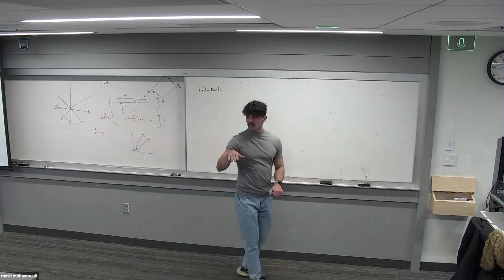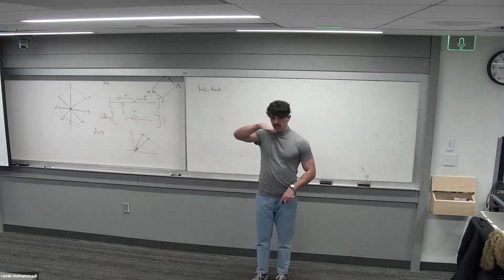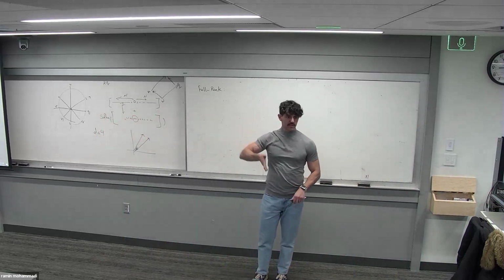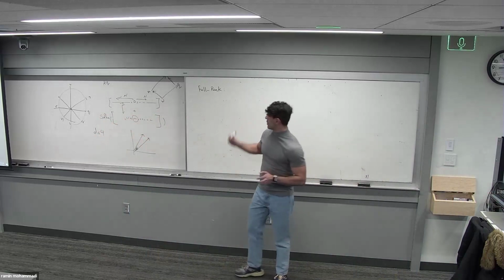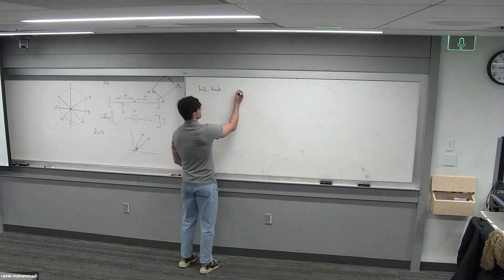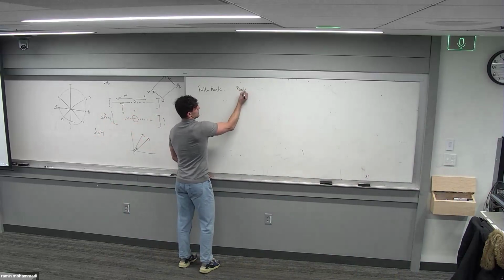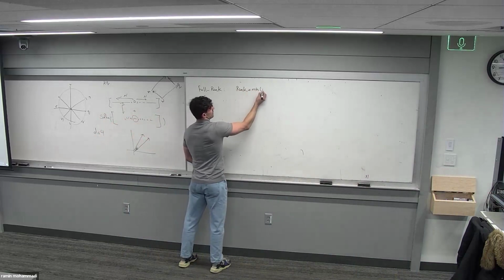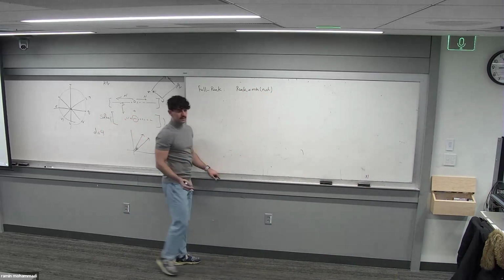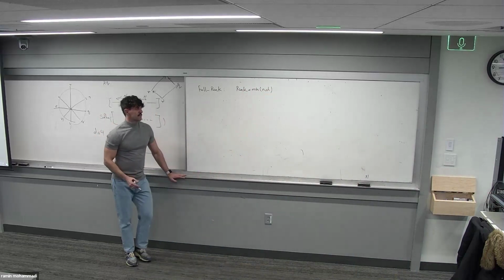If your rows are all independent and columns are all independent, that's a full rank matrix. So overall, a full rank matrix is when the rank is equal to the minimum of n and d. A low rank matrix is when that's not the case.